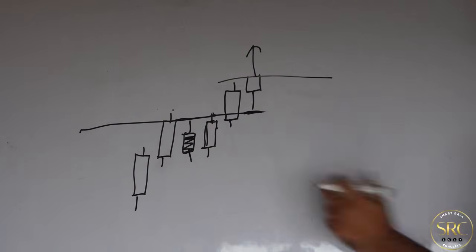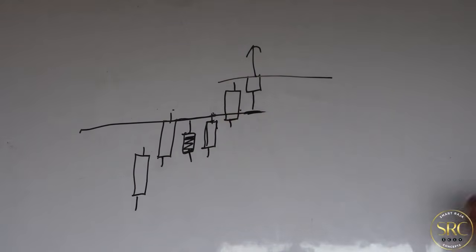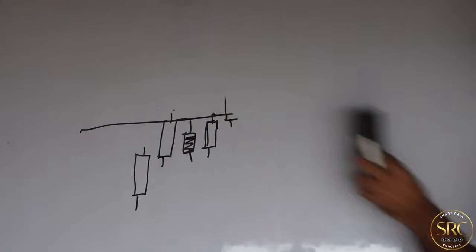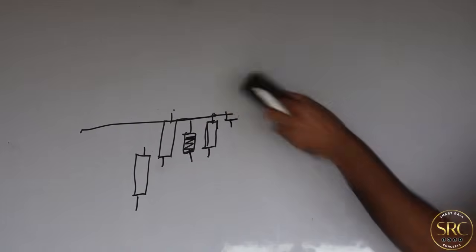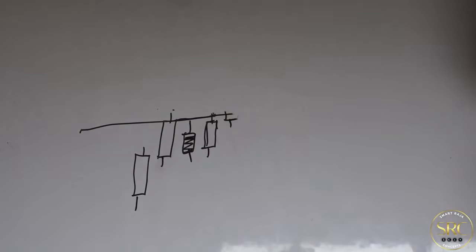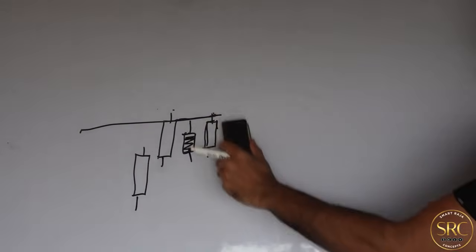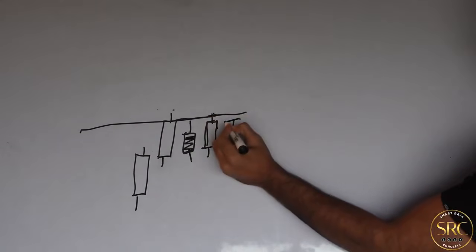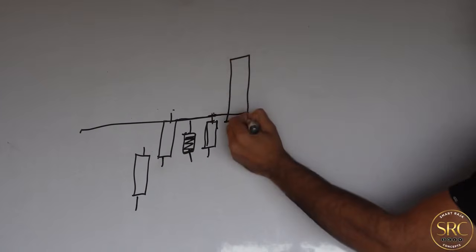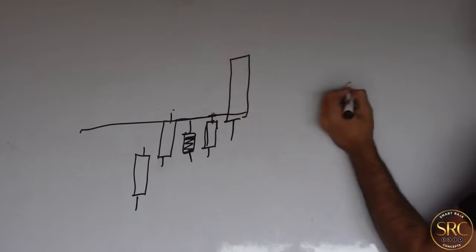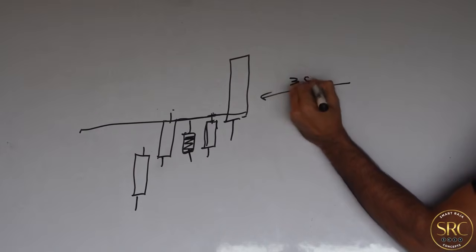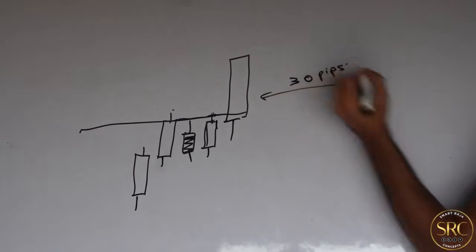That's what I'm really looking for. If the size of this candle is like 15 pips, you have to gauge the size basically. But I've seen a lot of people make this mistake here as well. Let's say, for example, that the next candle is a big candle like this, and now the size of this candle becomes 30 pips.